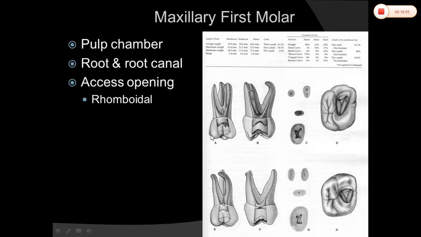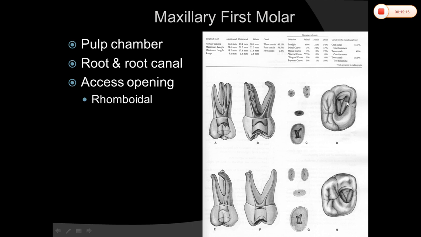The pulp chamber is widest in the buccolingual dimension. It consists of four pulpal horns, and they are named mesobuccal, mesopalatal, distobuccal and distopalatal. The pulp chamber outline form, as I said, is a rhomboidal or trapezoidal shape.